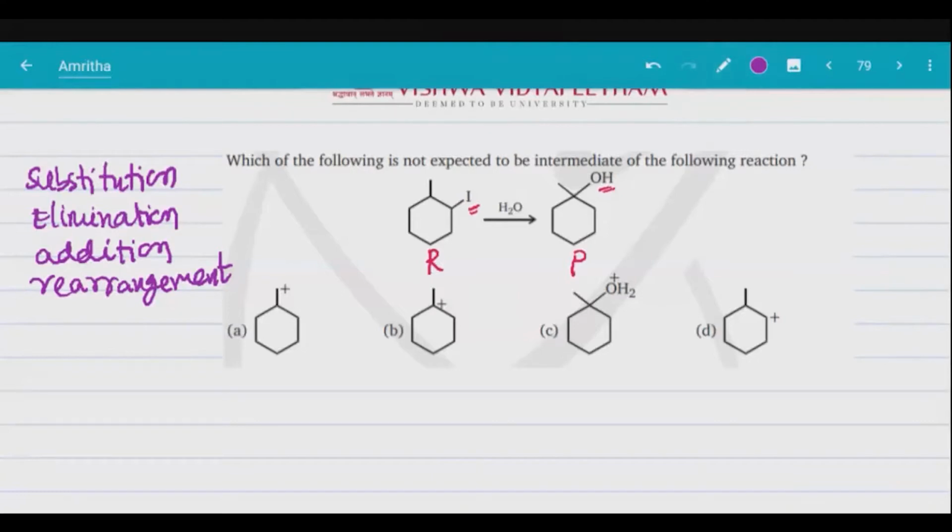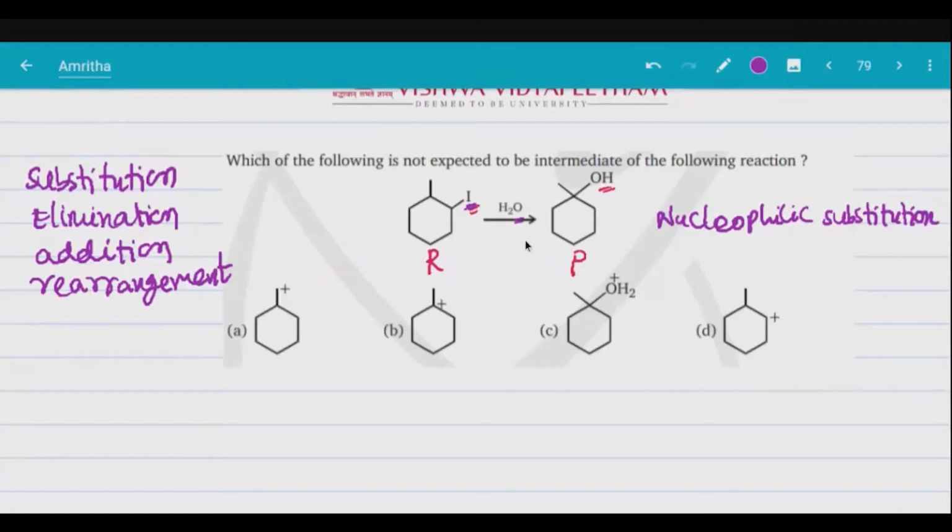Okay, fine. See this? It is substitution, no doubt. So it is substitution, and this iodine is replaced with H2O, and this is basically nucleophilic substitution.